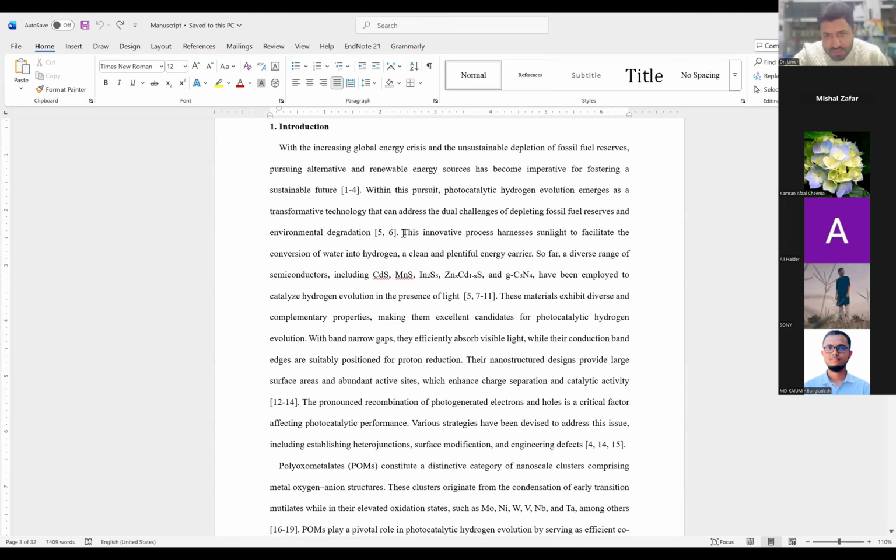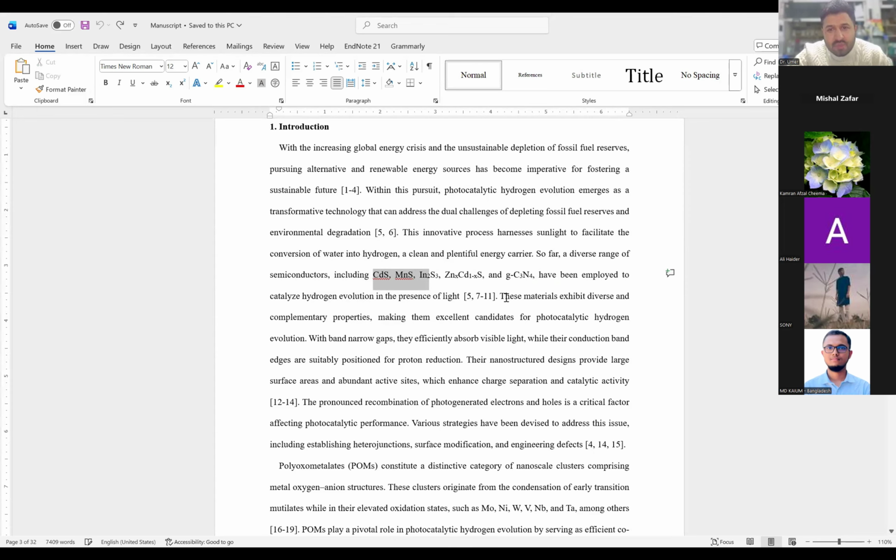And then we are discussing this research topic, photocatalytic hydrogen evolution: its method, on which principle it works, and what kinds of materials are used as photocatalysts.